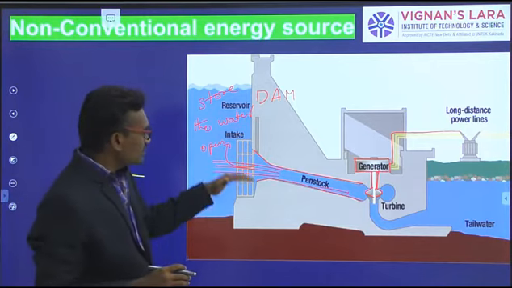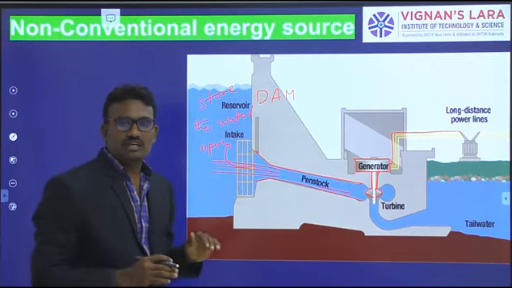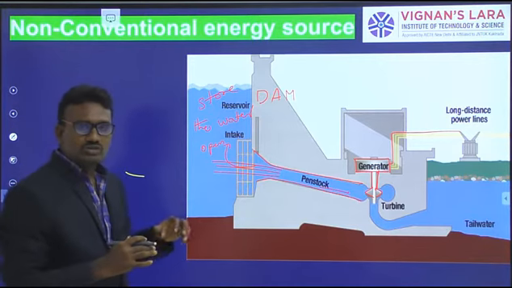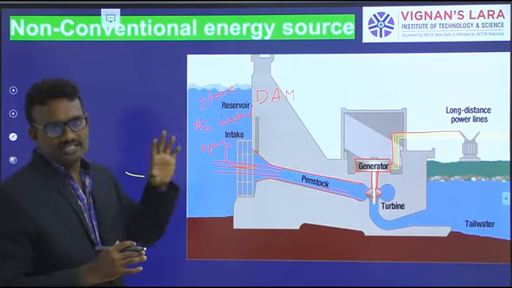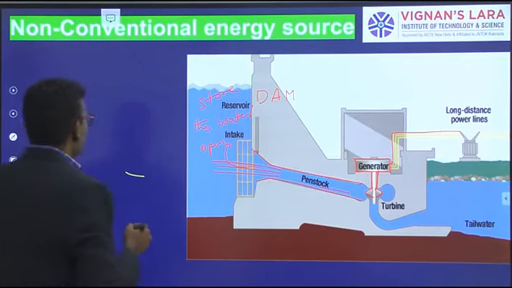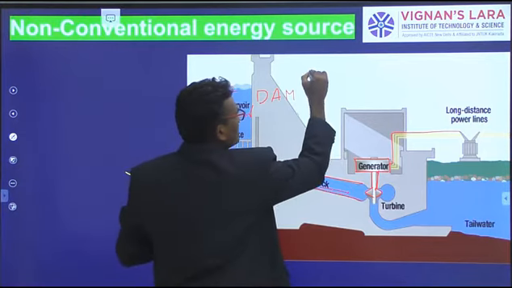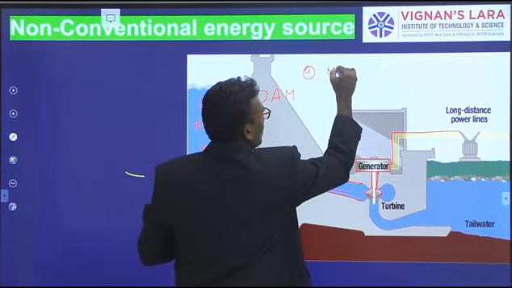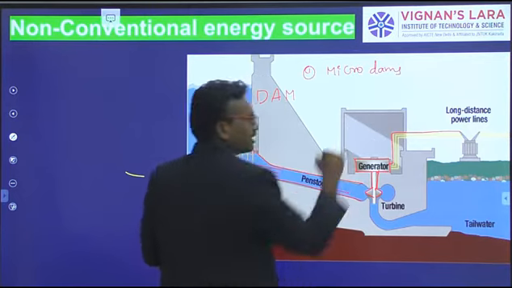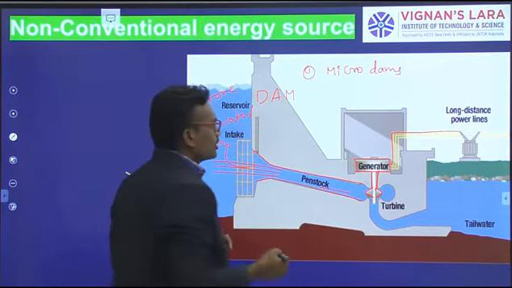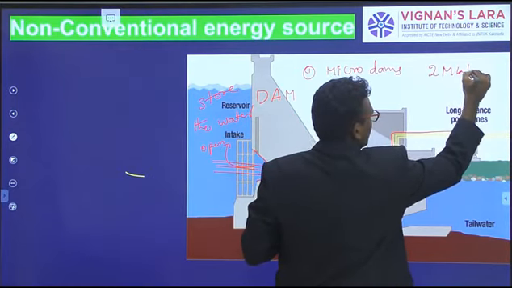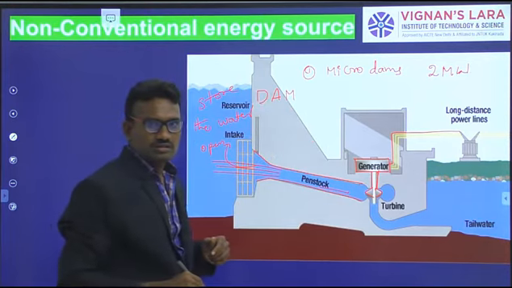Based on the dam construction, different types of dams produce different voltages and different electrical energy. For example, macro dams produce more than 2 megavolts.